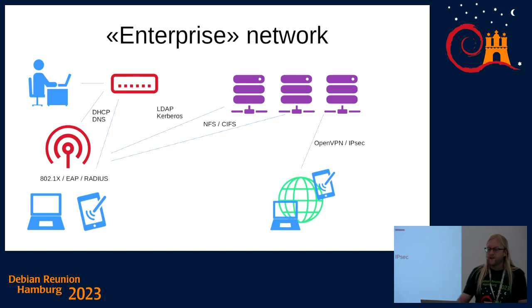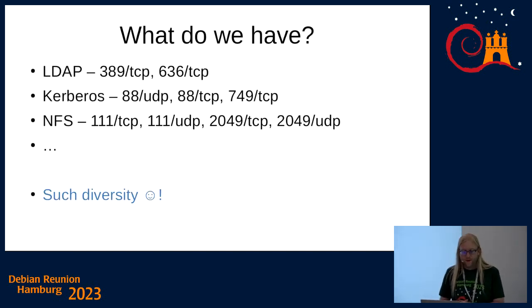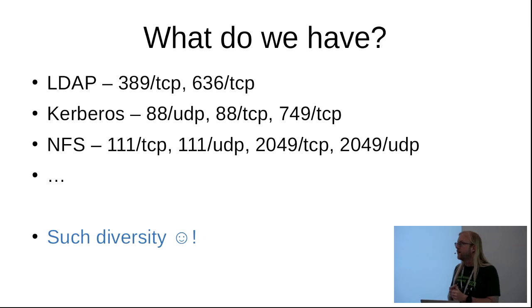There's the traditional protocols, LDAP for keeping data about users, groups, devices, and all that. Kerberos as an approach to passwordless authentication and single sign-on, NFS for file servers, and you name it.